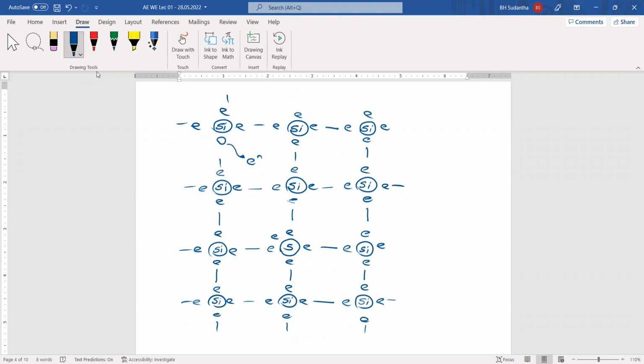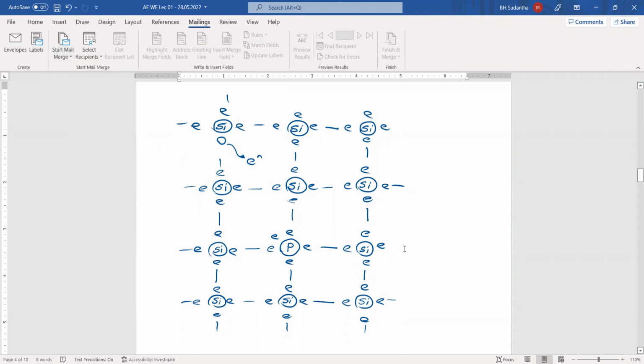Now it can make bonds like this, but one additional electron is there. Sorry, sulfur is wrong, it should be phosphorus. Yes. Then with this phosphorus introduction, we have one more free electron.